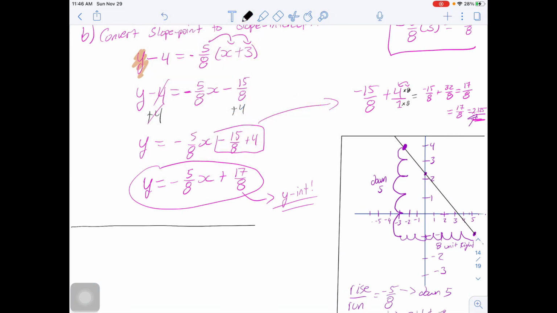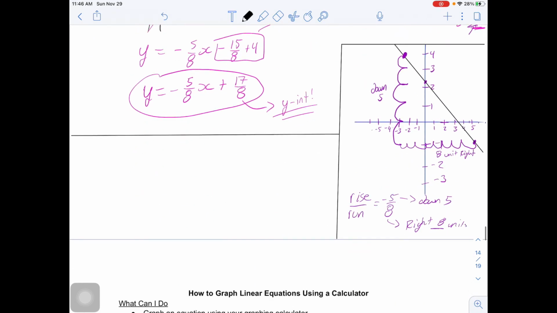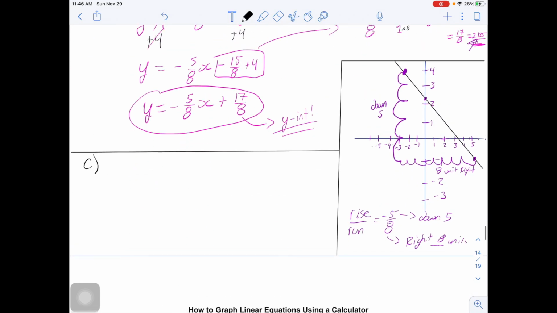Now let's finish off this question, and express it in general form. So remember, in general form, it's easiest to go from slope-intercept to general form because all you do is subtract y, and then you have to make sure your a value is positive and all the numbers are integers.